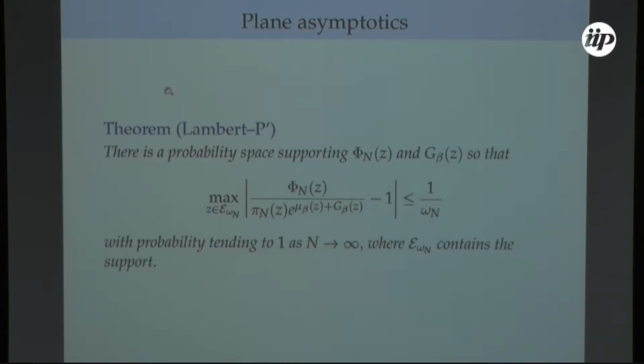I haven't defined it, but pi n of z is the solution of the deterministic transfer matrix recurrence, and it's actually just an Hermite polynomial, appropriately scaled. Mu beta is a smooth mean term, which is explicit, but I haven't written it. And finally, G beta is a smooth Gaussian field, which is blowing up logarithmically as you approach the support of the spectrum.